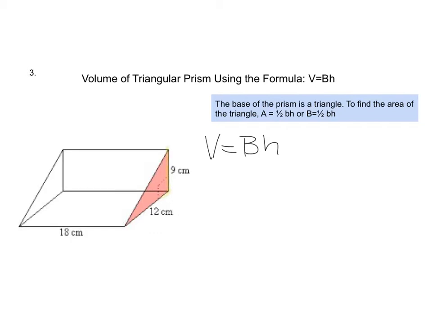So we'll look at the dimensions of the triangular base, and we're going to solve for capital B, and we'll use 12 as the base of the triangle and 9 as the height of the triangle.